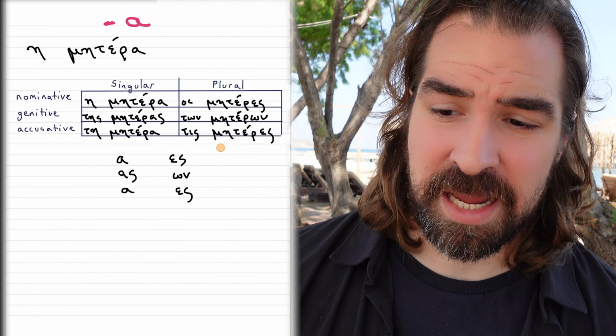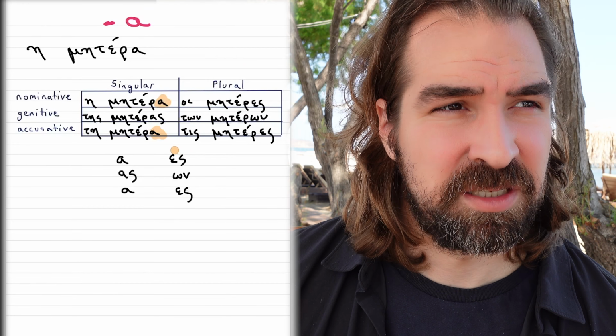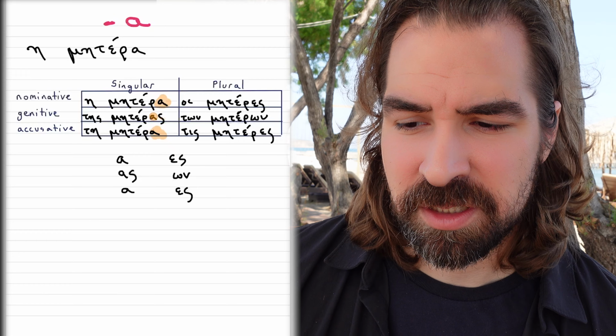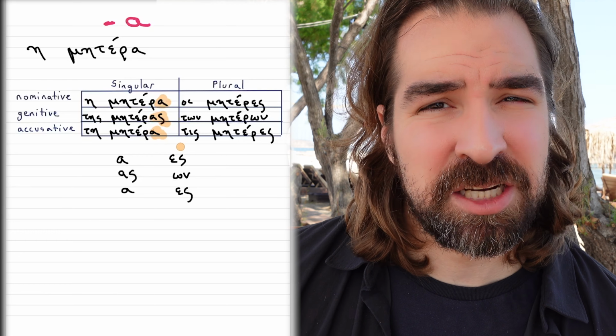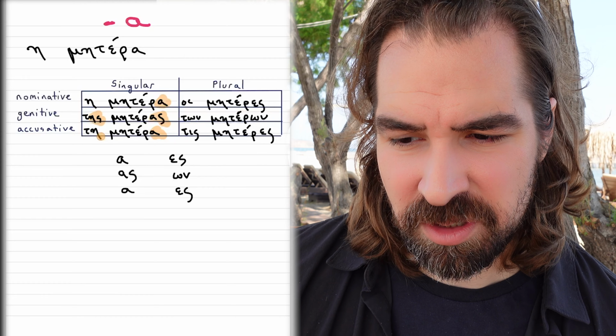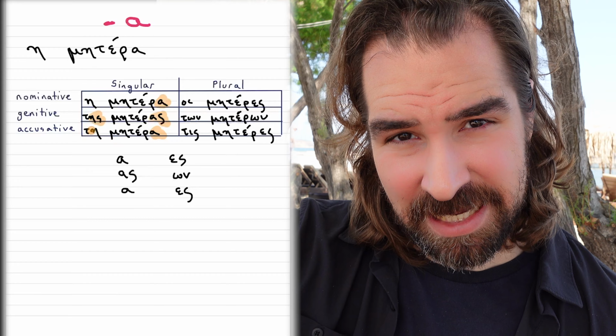What can we notice? Well, as always, the nominative and accusative singulars are the same. Η μητέρα, την μητέρα. The genitive adds a sigma, which makes some sense to us because the definite article also has a sigma in it. Της μητέρας.